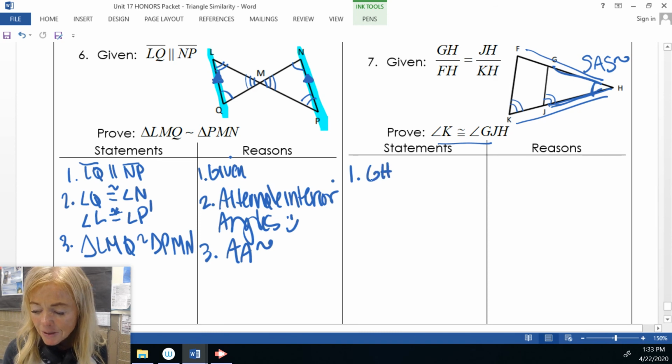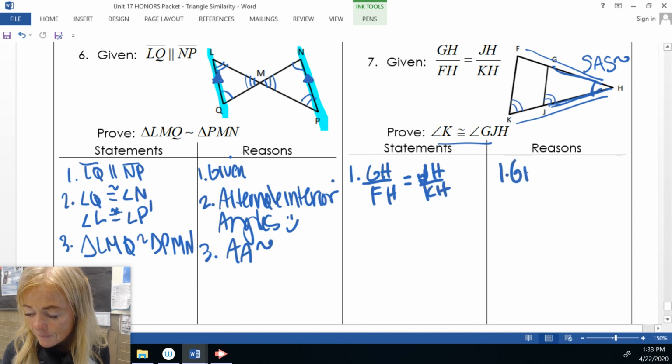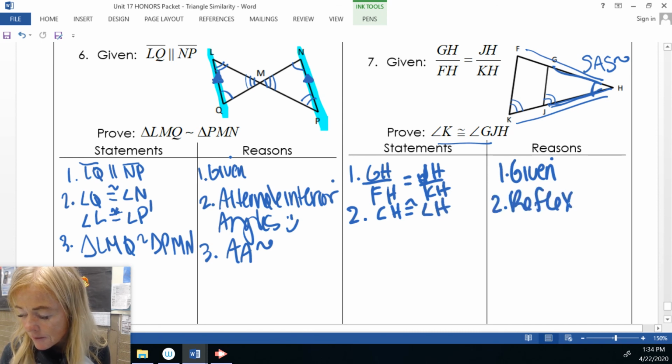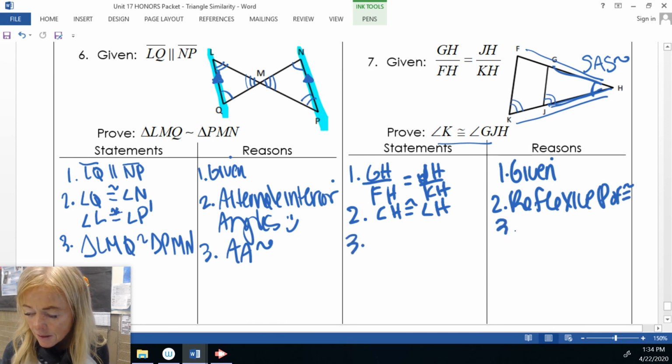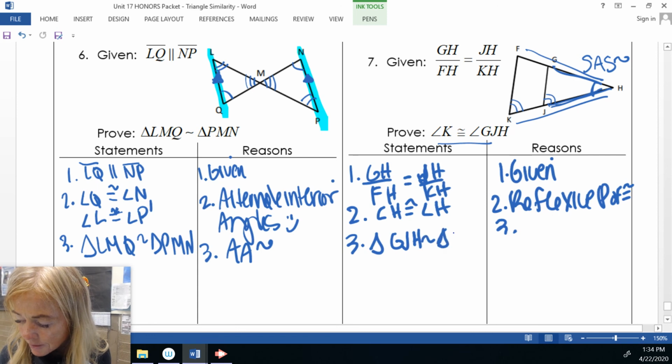I'm going to just hurry and write this out because I'm kind of out of time. JH over KH is given. And then 2, angle H is congruent to angle H by the reflexive property of congruence. And then we know triangle GJH is similar to triangle FKH, sorry, FKH.